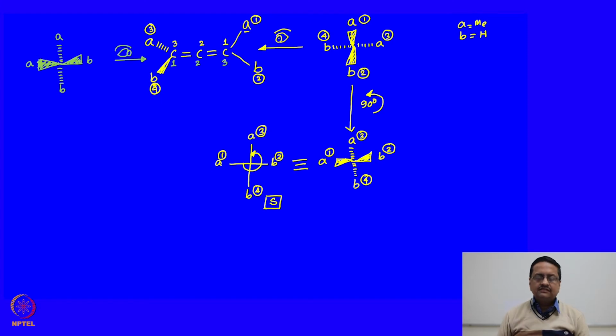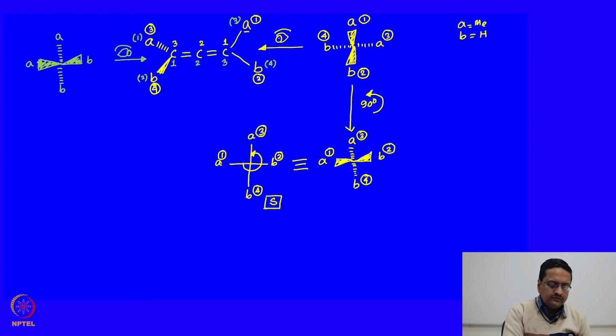Now let us see the priority. Again, the groups on the carbon number 1 will have the higher priority. So this A will have priority 1, this B will have priority 2. On the back carbon, this A will have priority 3 and that B will have priority 4.